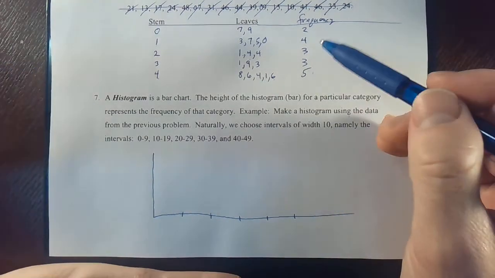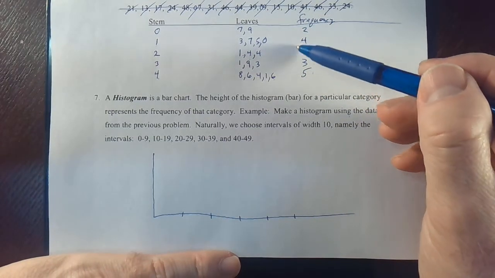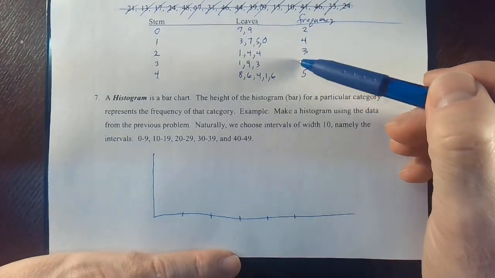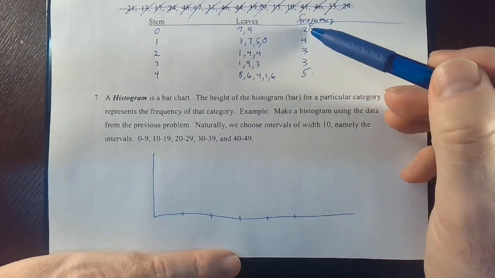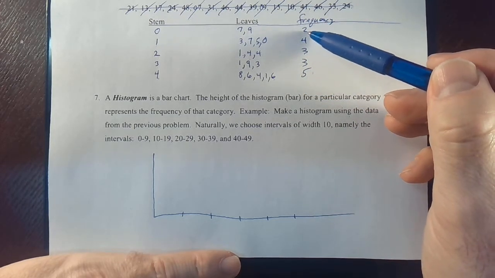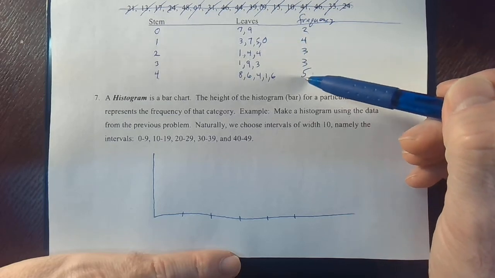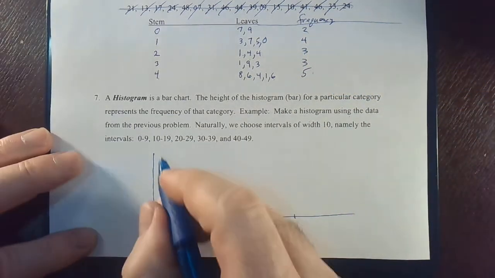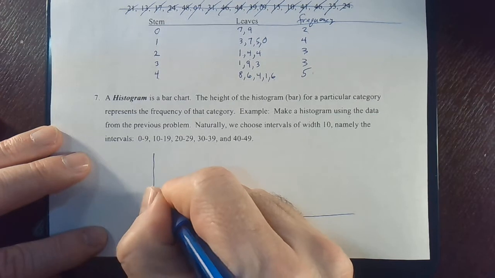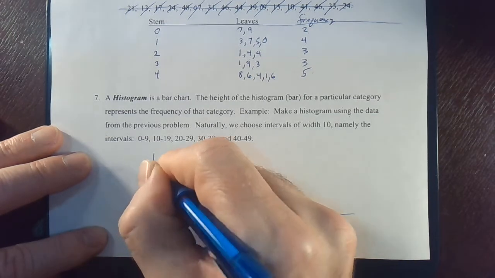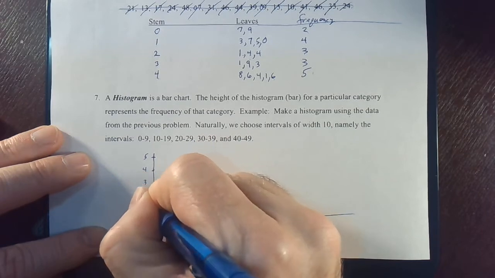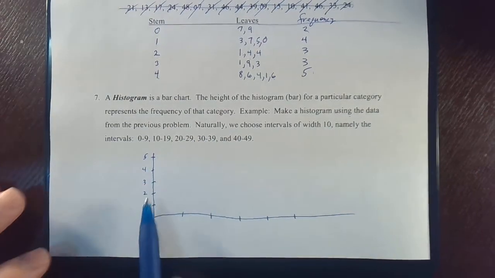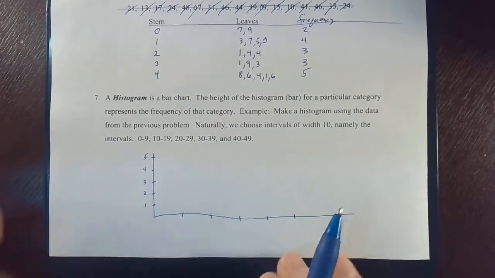All I need to plot, the bars, basically represent these frequencies, the height of the bar. So the smallest one is going to be a height of 2, and the top one will be a height of 5. So let's just do evenly from 1, 2, 3, 4, 5. Those are going to be our heights. We don't have any of height 1, but that's fine.